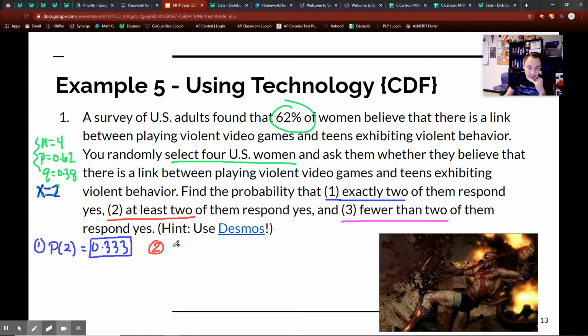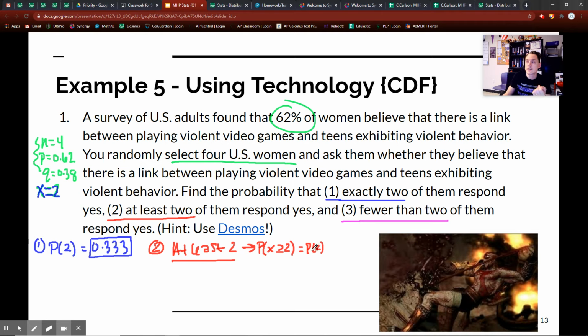Now, part 2 says at least 2. What does that mean? At least 2 means the same thing as this: the probability of x being greater than or equal to 2. Why? If I say, give me at least $5, can you give me $5? Yeah.